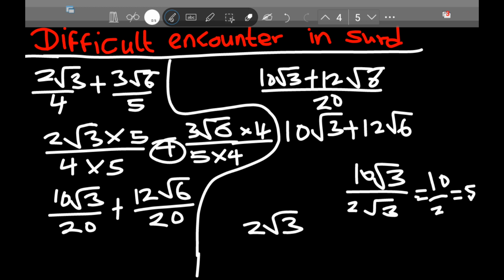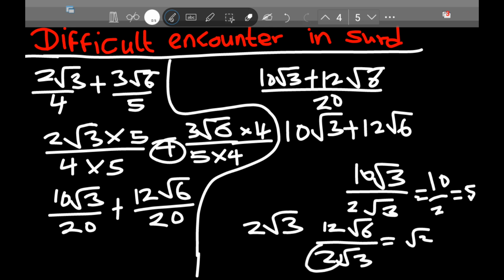So now also, if we set 12 root 6, let me draw the roots again, 12 root 6 over this 2 root 3, which is the factor to root 3. So we should get, now this root 3 will reduce root 6 to root 2. And this 2 will divide 12 to 6.